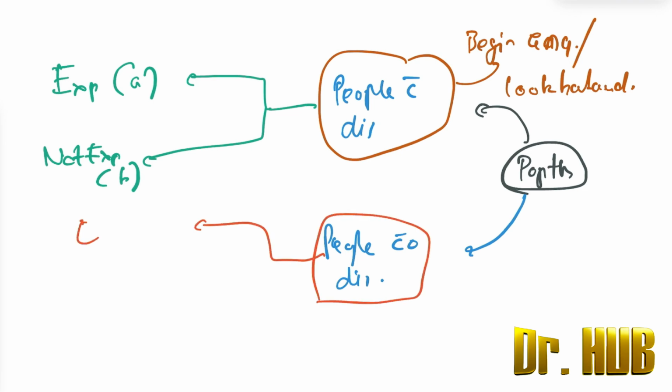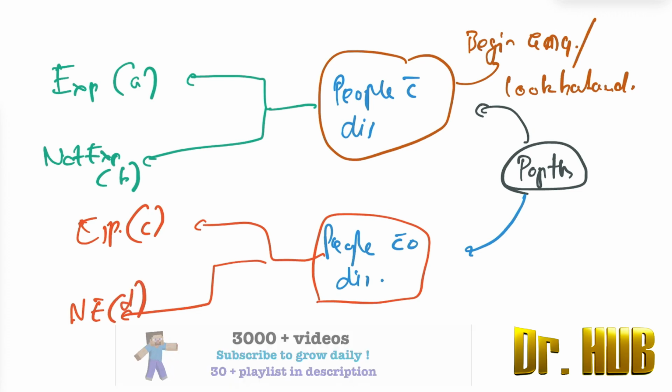The inquiry begins here and looks backwards. The people with the disease move on to the exposed, that is A, and the not exposed, that is B. The people without the disease again go to the exposed, that is C, as well as the non-exposed, that is D. So this is a rough design of the case control study.